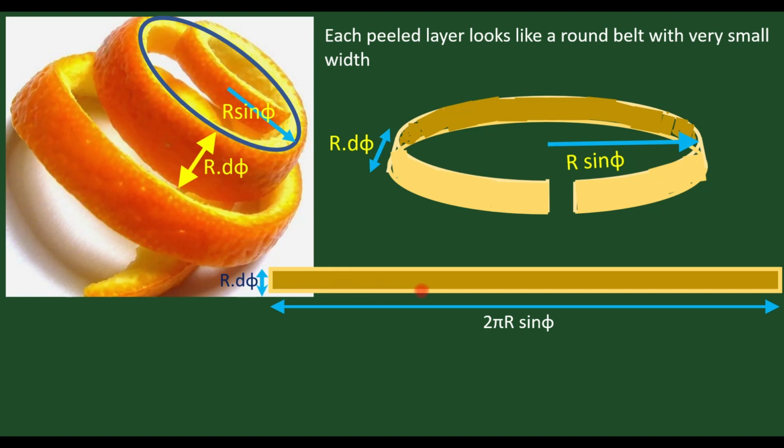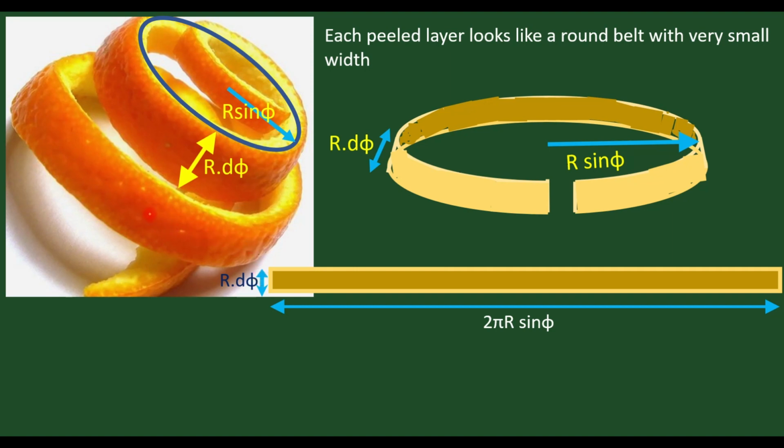Its length is 2 pi into r sin phi, which is actually the circumference, 2 pi into radius r sin phi, and whose width is the width of this belt, which is r into d phi.